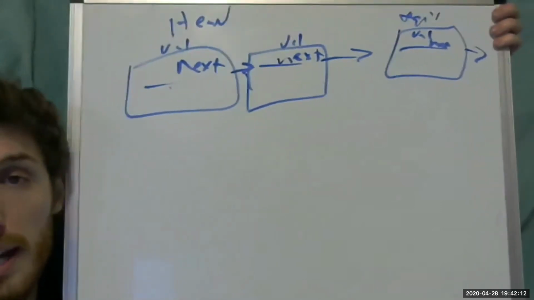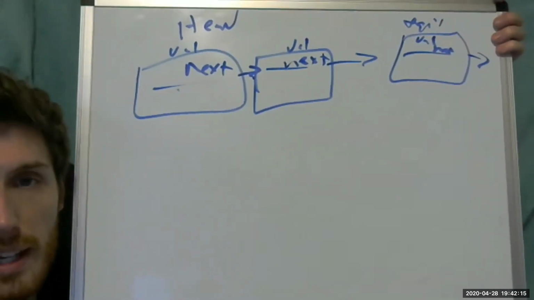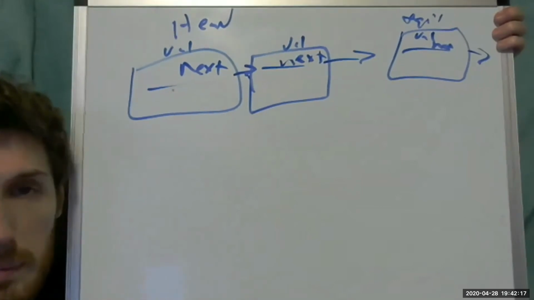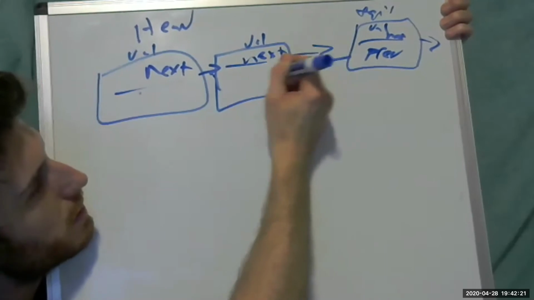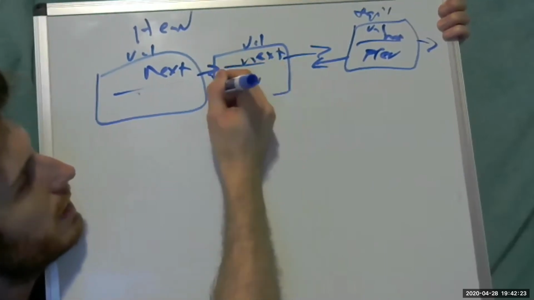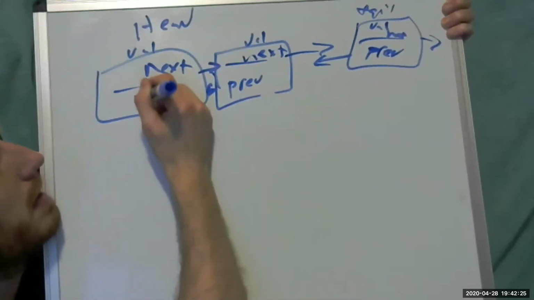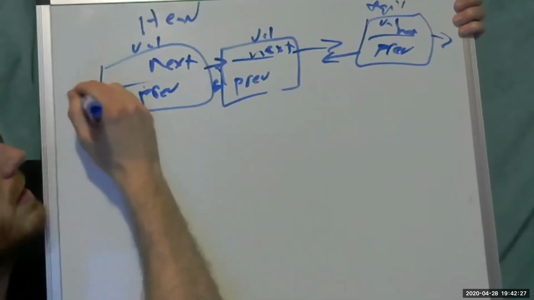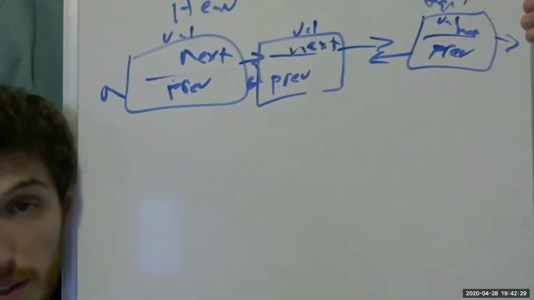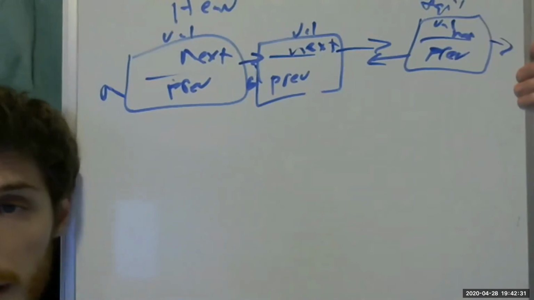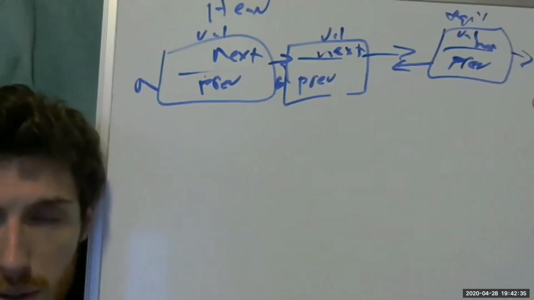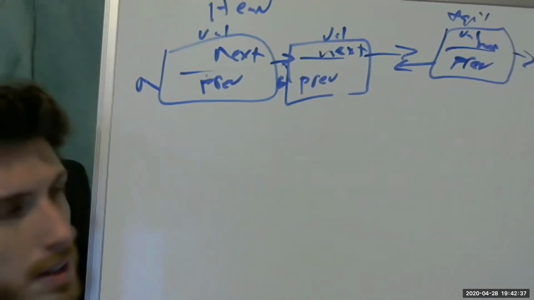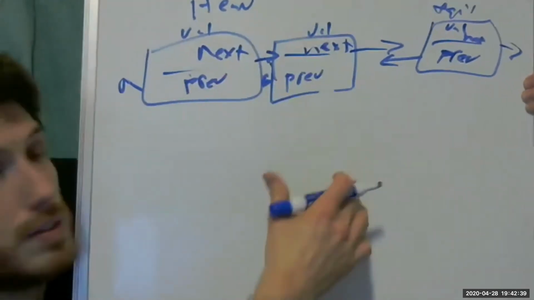And we also can have a previous property if we want to make a doubly linked list. So we can add this prev and point this way, and we have a prev pointing this way. A doubly linked list is really nice because you only need the node itself to delete itself, right? Because you can circumvent it.